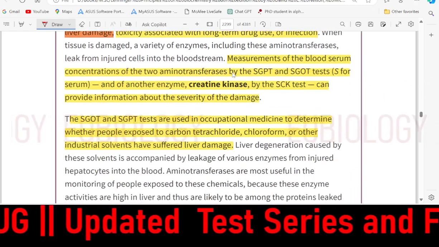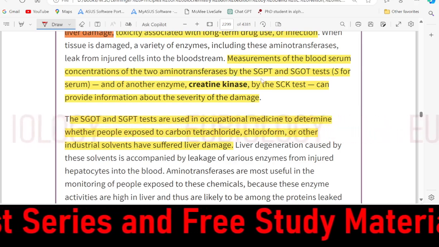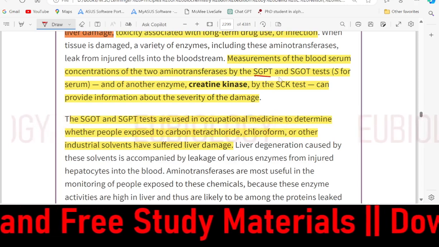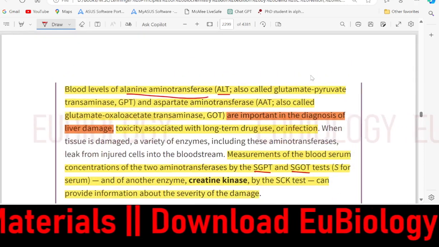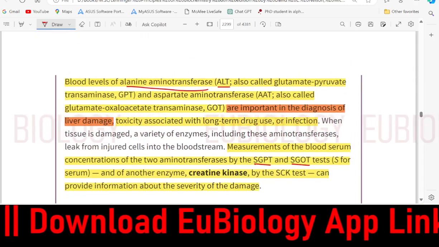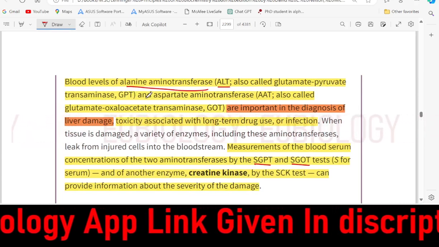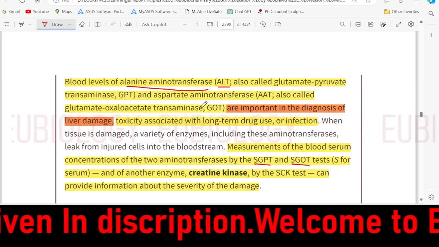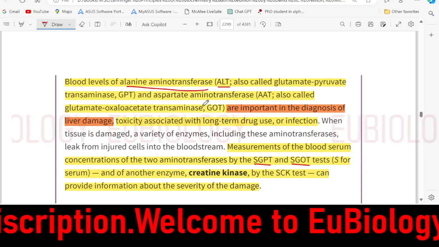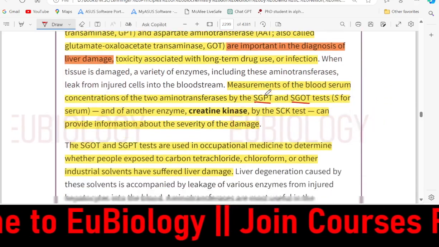If you do the SGPT or SGOT, as you know, SGPT is the glutamate pyruvate transaminase, and GOT means glutamate oxalate transaminase. These are other names of ALT and AST respectively.